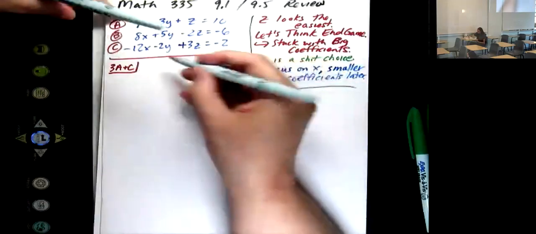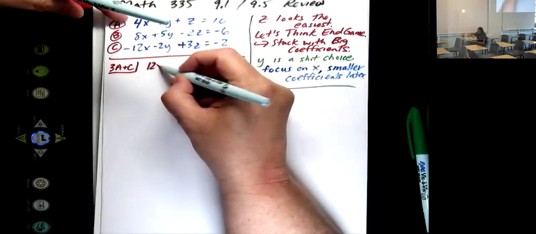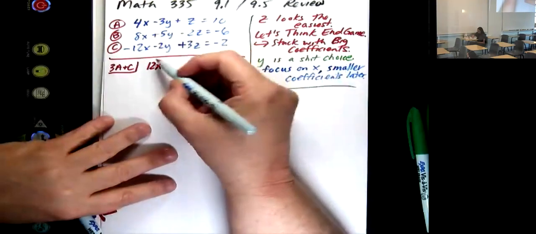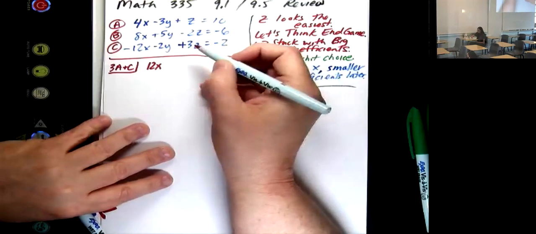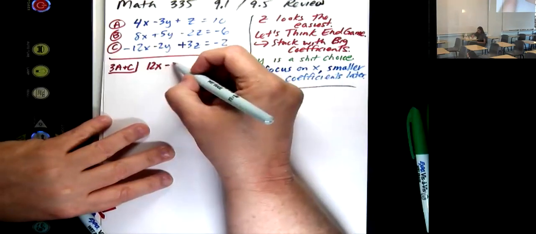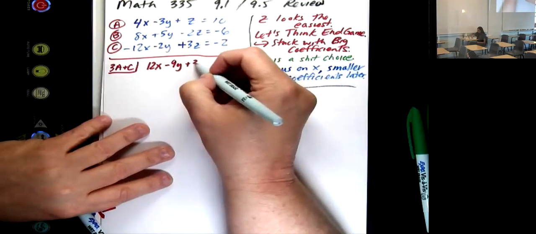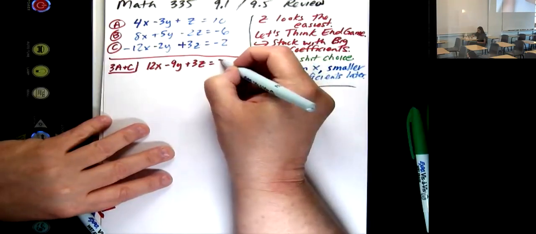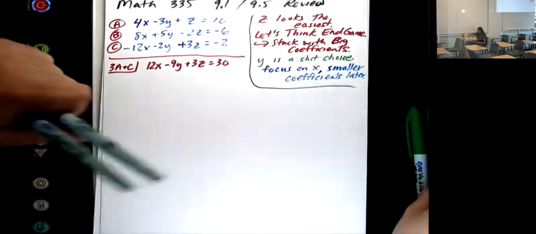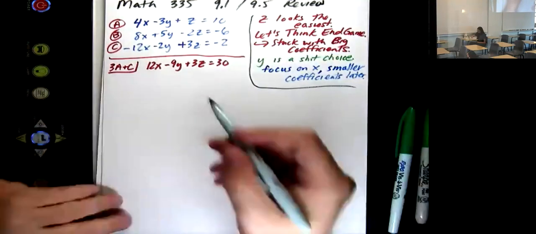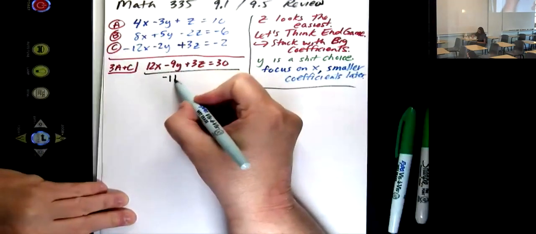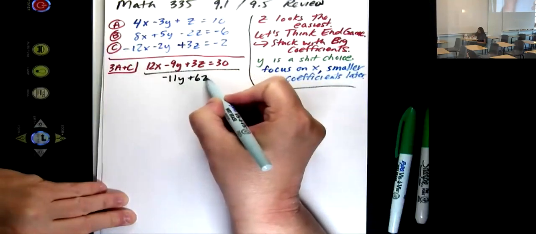If I do 3A, that'll give me 12x. So I'm going to write the 3A, and then I got minus 9y and plus 3z equals 30. And so when I add those two, the x's go away and I get negative 11y plus 6z equals 28.